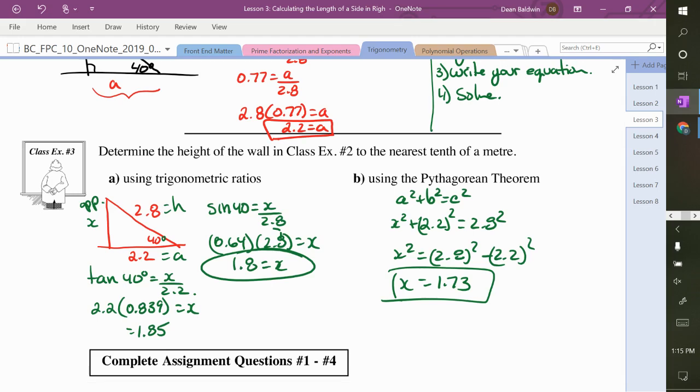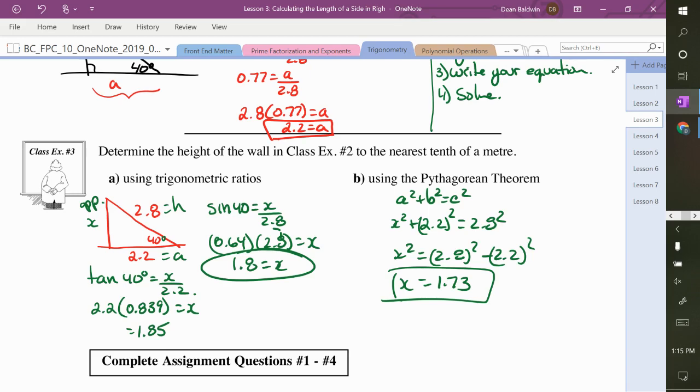Okay, we'll check yours in a sec. What's the middle, the sine 40? 1.6. 1.8? I would agree with that. And this side of the class, when you did tan, what'd you get? 1.73, what I got. 1.8, 1.85.